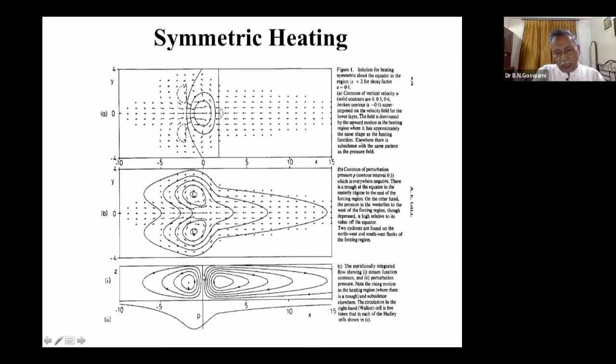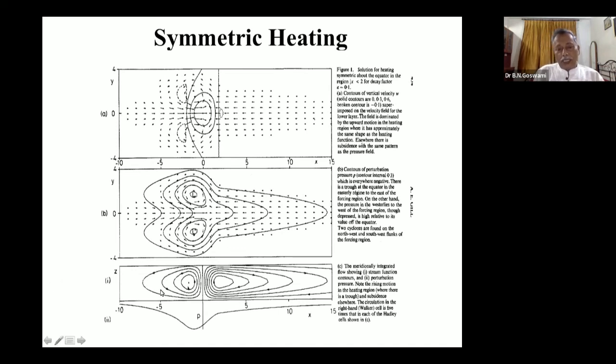Over the region of heating, there will be ascending motion, and then the descending motion to the east is much wider because of the fast propagating Kelvin waves, which will take the signal much farther before getting dissipated. On the other hand, on the western side, the circulation is limited, because the Rossby waves propagate 3 times slower, they get dissipated at a distance much closer to the source than on the eastern side.